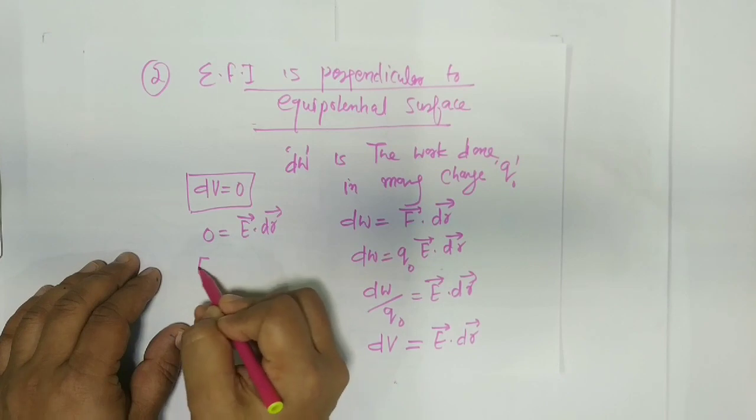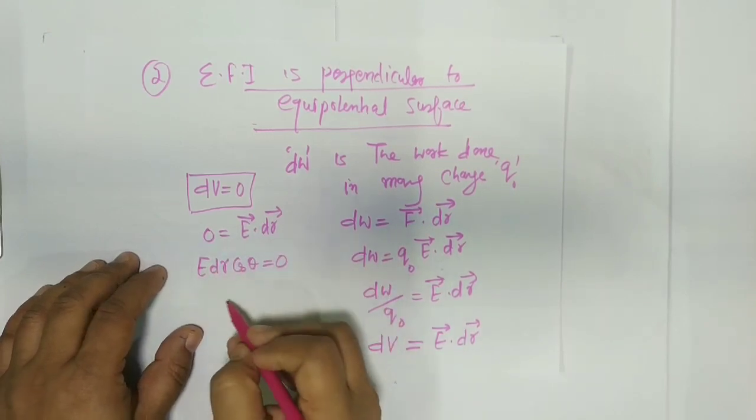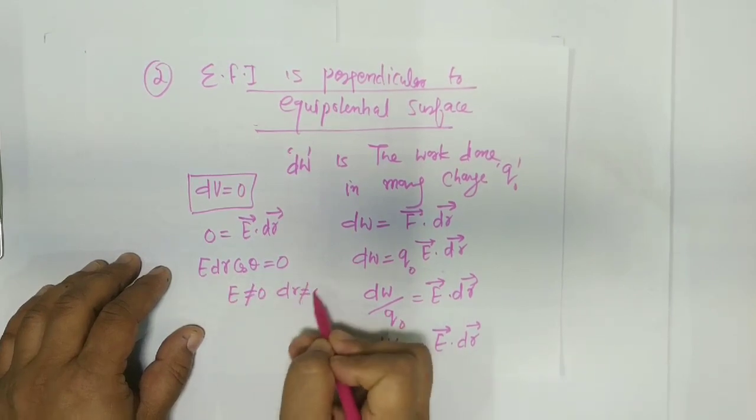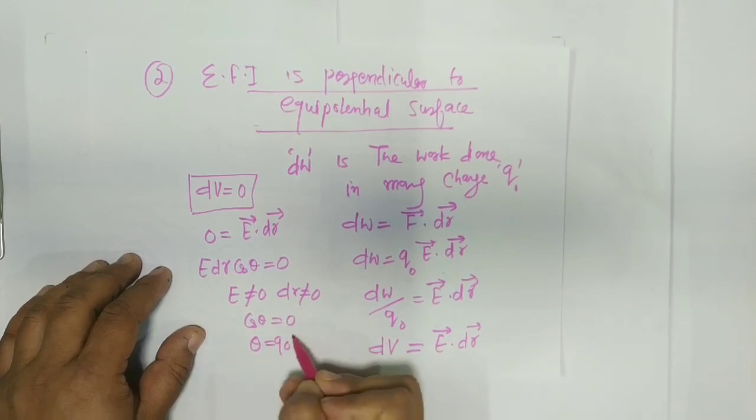And what is E dot dr? So E dr cos theta will be 0. And you know E is not 0, dr is not 0. So that means cos theta is 0, so theta will be 90 degrees.